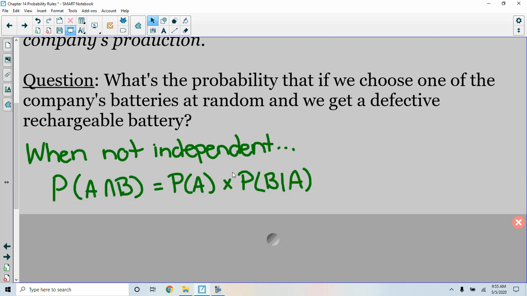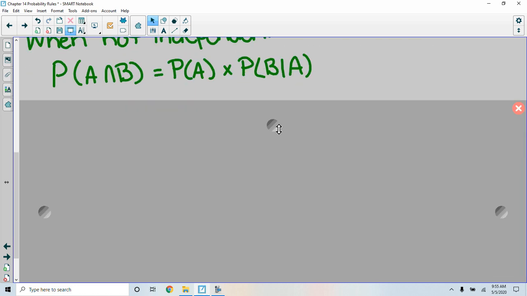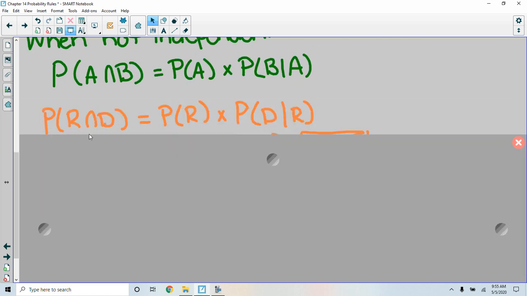When they're not independent, we take the probability of event A happening, and then we multiply it by the probability of event B happening given A already happened. So we're going to find the probability that we have a rechargeable battery and it's defective. We find the probability that it's rechargeable, and then the probability that it's defective given it's rechargeable.